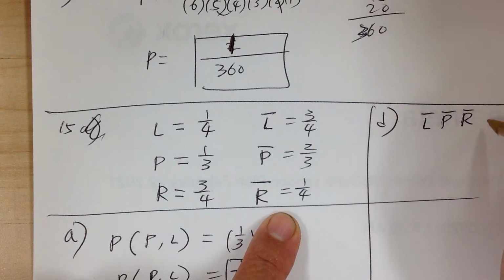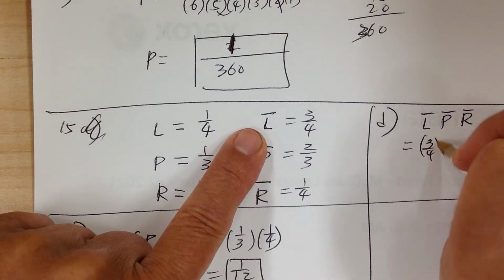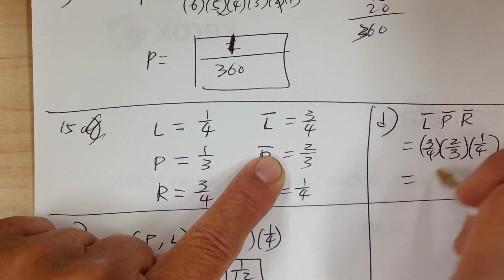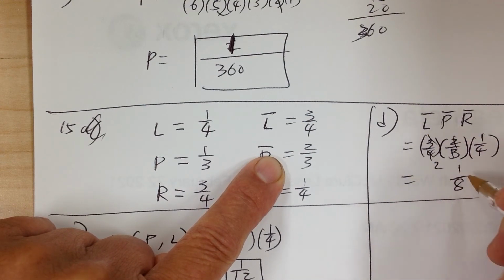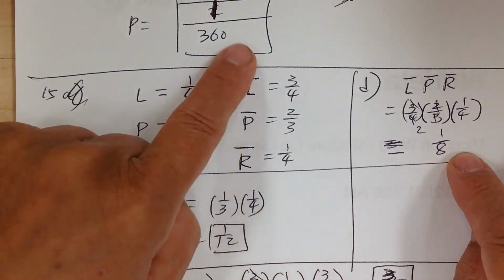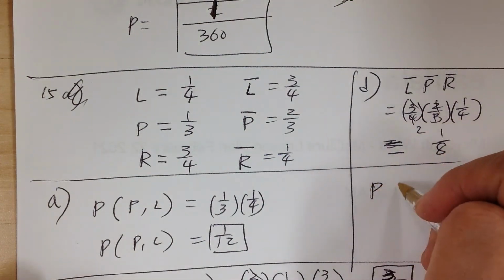This will equal 3/4, 2/3, and 1/4. So this is equal to 1/8. So when nobody asks Frank, it's 1/8. So at least 1 will equal 1 minus 1/8.